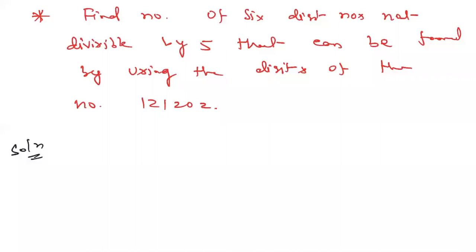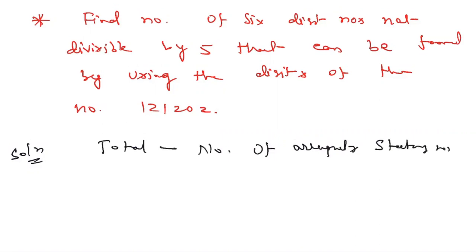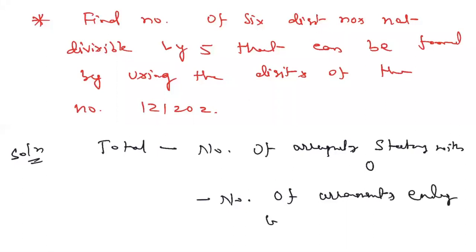What we have to find first: the required number is total minus the number of arrangements starting with 0, and also we have to subtract the number of arrangements ending with 0, right?